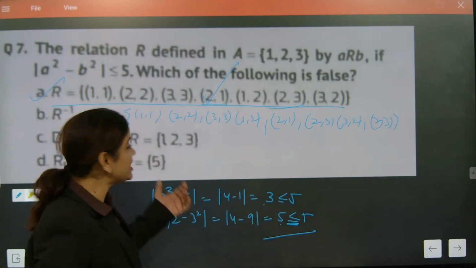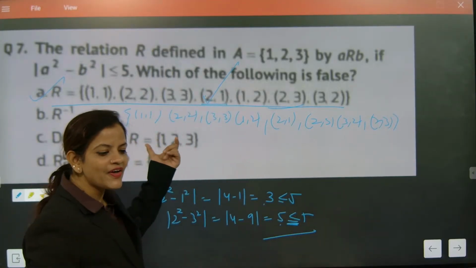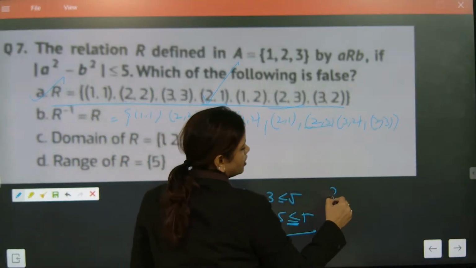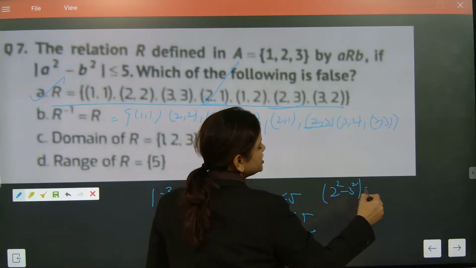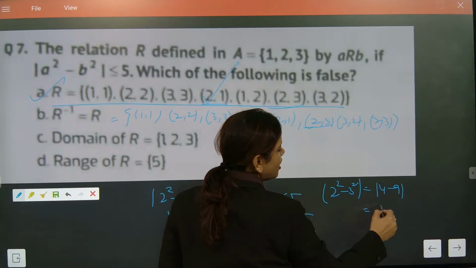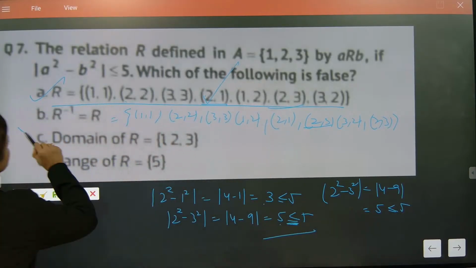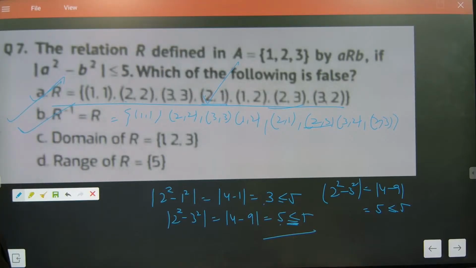Beta, after taking reverse, is it satisfying the situation or not? Yes. How? Check and take anyone. 2 square minus 3 square. How much is it coming? 4 minus 9. How much coming? 5. 5 is less than or equal to 5. So this statement is also true. This statement is also true.